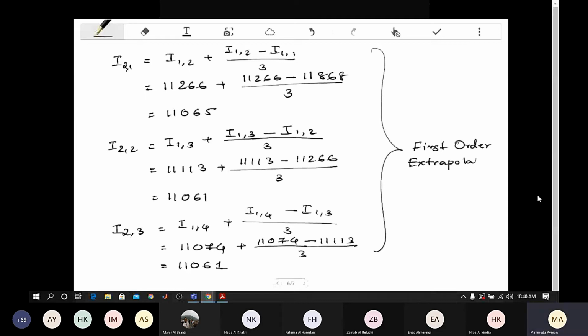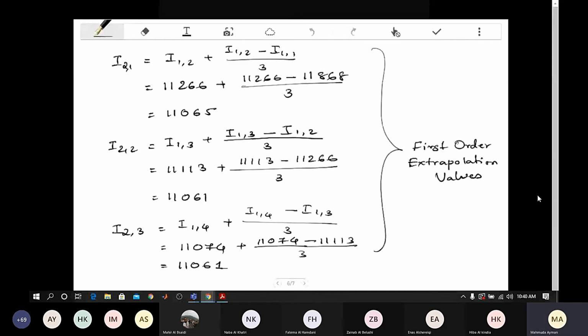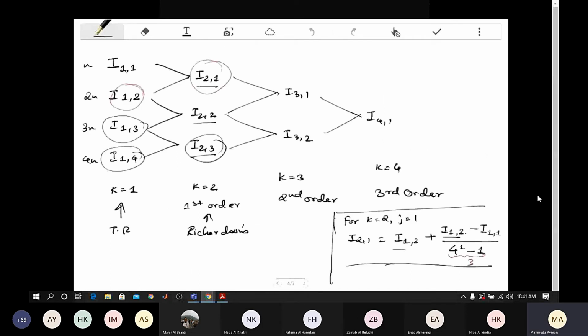We have got the first order extrapolation values, and now we will work out the second order extrapolation, I3,1 and I3,2.